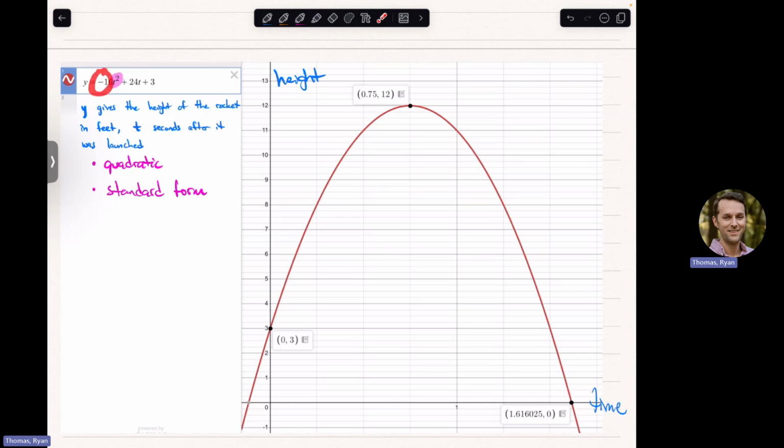And the fact that this leading term is negative tells me that it's opening down. I mean, also I'm staring at the graph of the thing, so I can tell that way that it's opening down. If I think about the situation, I should know that it's opening down because I've lived on Earth my whole life.